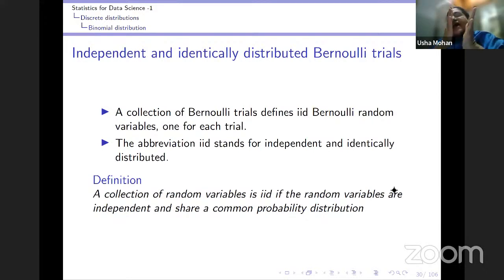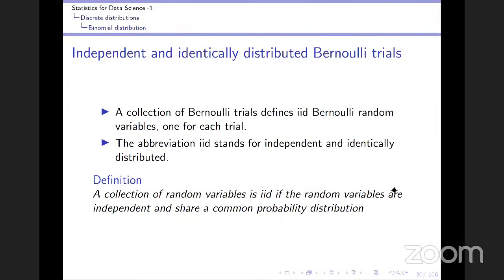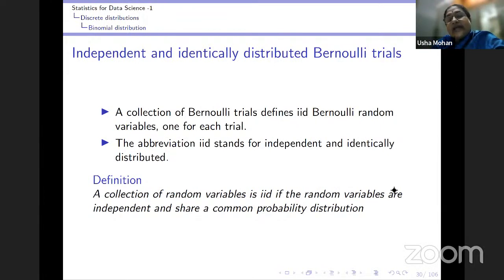You can view these 10 trials as independent, because the probability of success in each outcome is independent of the probability of success of the other outcomes, and it is identical also. Identical in the sense the probability of success remains the same. So that's why this is called an independent and identically distributed Bernoulli trial. In some time, we'll see what happens when it is non-independent and non-identically distributed.